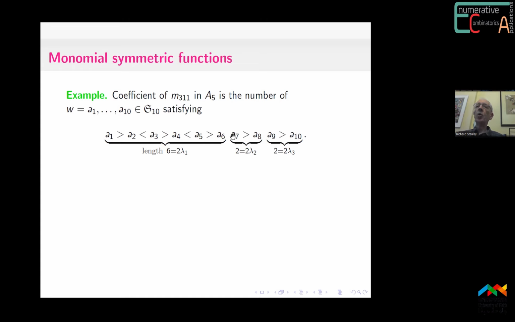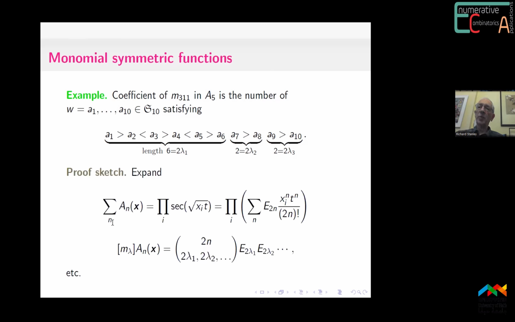Then the next 2 terms, because 2 is twice 1, to be alternating, and then the next 2 terms, again twice 1, to be alternating. We want the number of such permutations. That is the coefficient of M311. This generalizes in an obvious way to M lambda.